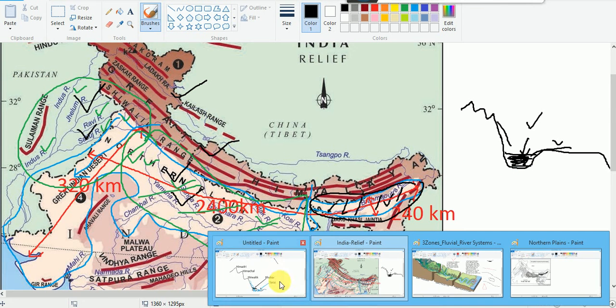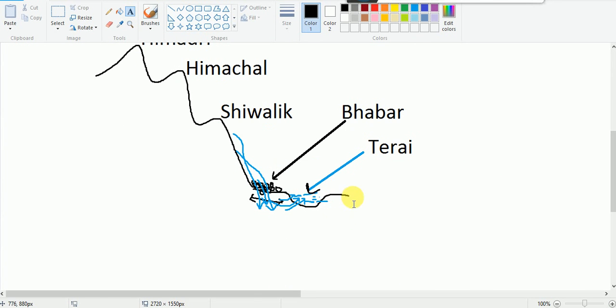Again, let us continue. See here, just south of it you'll find terrace-like features formed by the Ganga river.